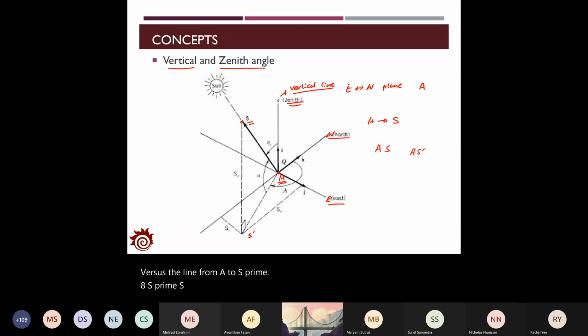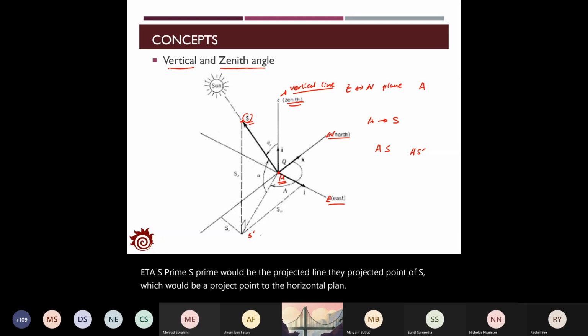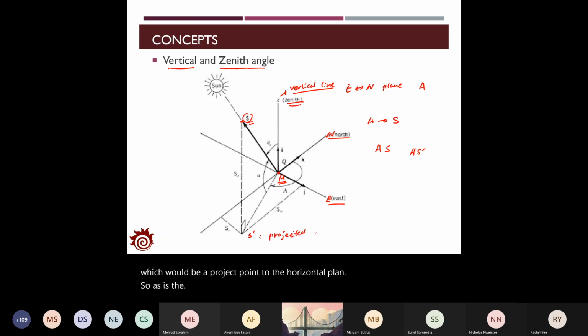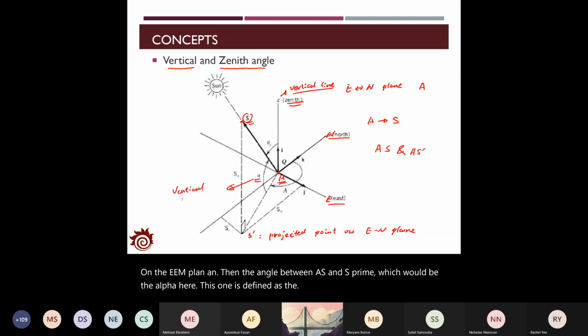S prime would be the projected point of S onto the horizontal plane, on the east-north plane. And then the angle between AS and AS prime, which would be alpha here, is defined as the vertical angle.